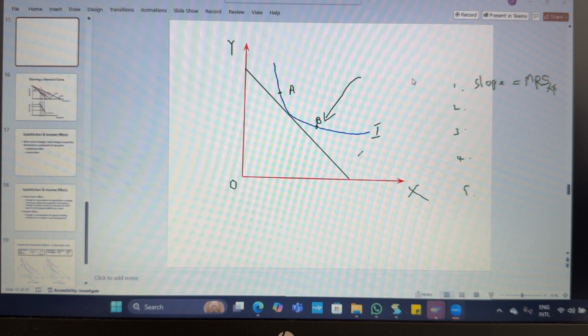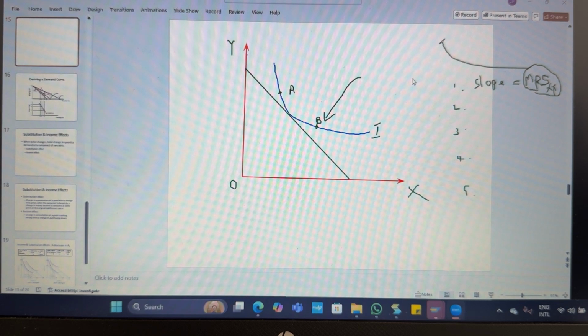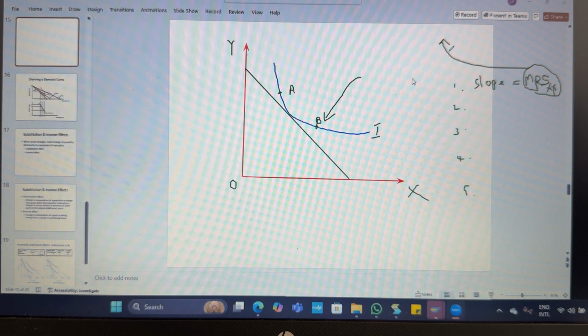Slope decreases. Yeah, it is decreasing. So, decreasing MRS, we gave it a name.